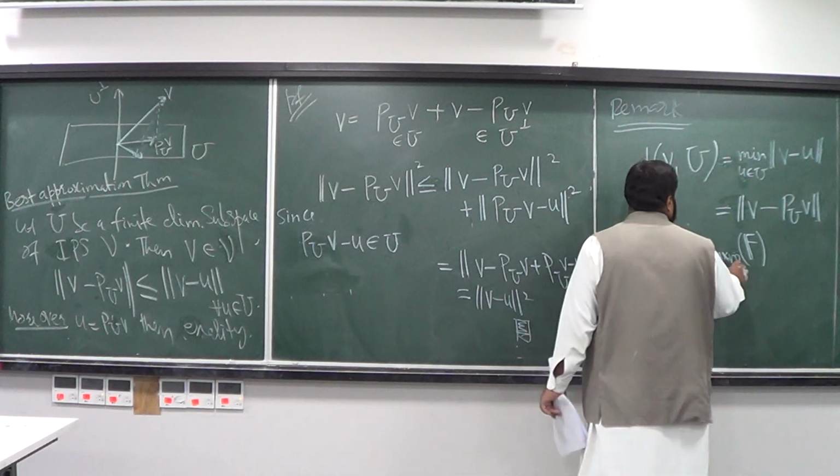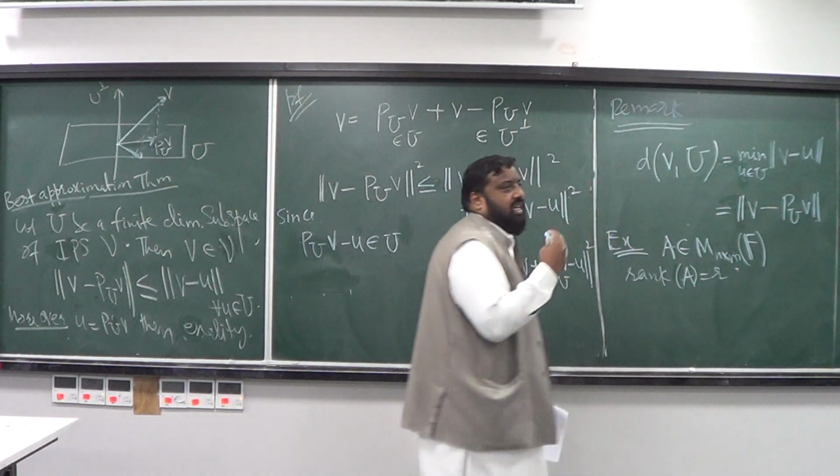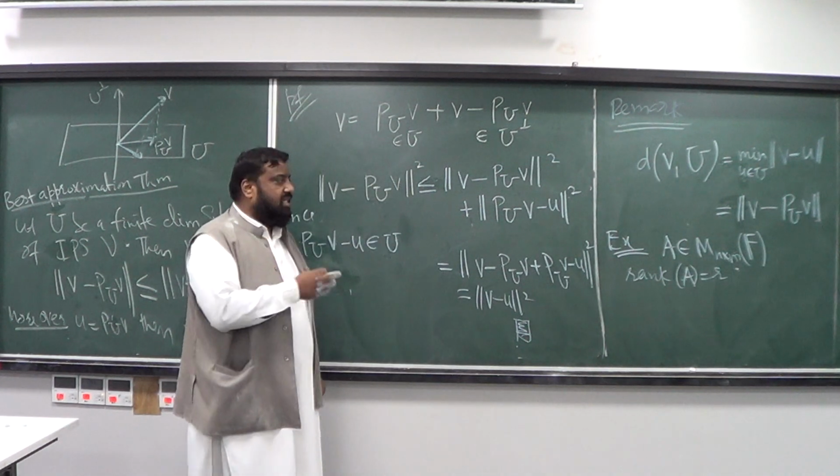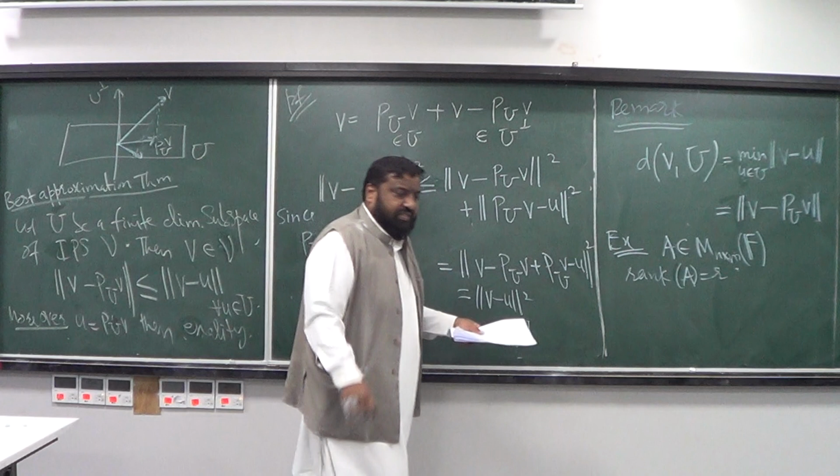So the number of independent rows or columns in the reduced echelon form is equal to r. That's the definition of the rank.